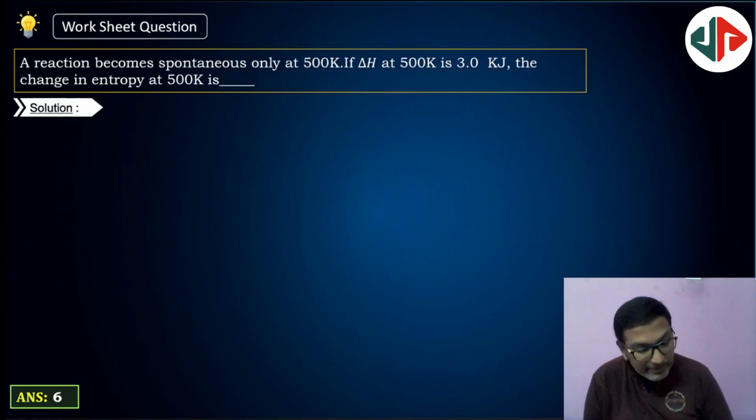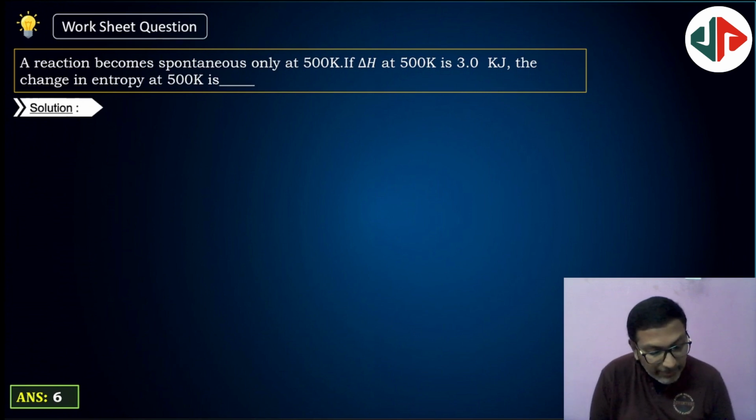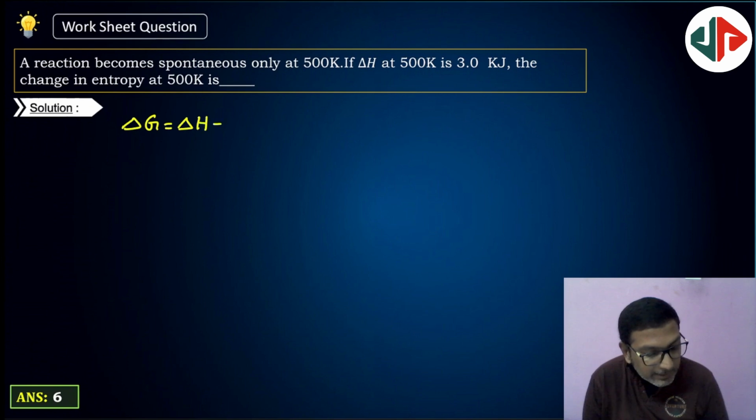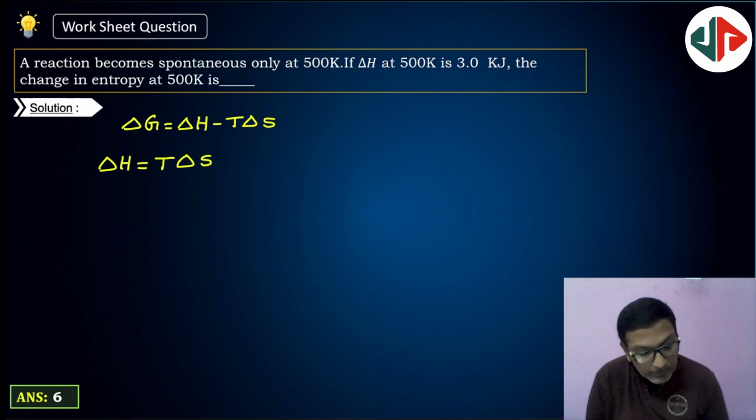A reaction becomes spontaneous only at 500 kelvins. If delta H is 3 kilojoules, then the change in entropy at 500 kelvins is. So the reaction is spontaneous. We know delta G equal to delta H minus T delta S. So here delta G equals 0 at equilibrium.